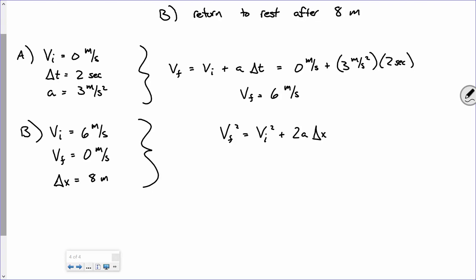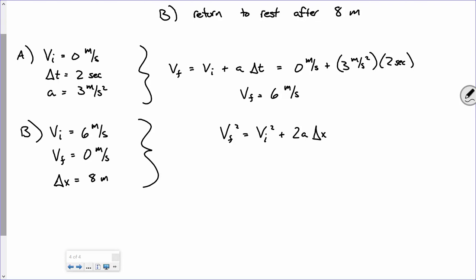What don't I know in this expression? I don't know the acceleration, right? Because think about what's going on. The particle got faster and faster, and then once it was going at that speed, it slowed down. Now we know it slowed down over a distance of 8 meters, but we don't know at what rate it slowed down. And that's what we're trying to determine right here. Make sense? All right.